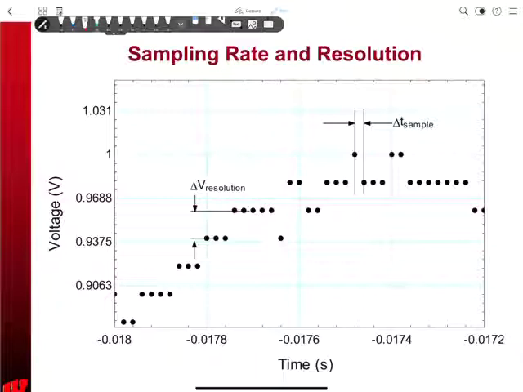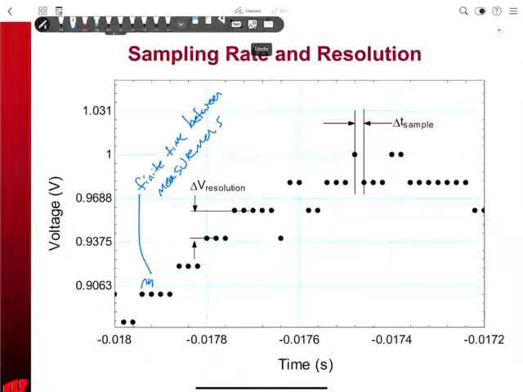Because this is a digital measurement. It takes me a certain amount of time. So this distance here is some finite time between measurements. And this distance here is resolution.